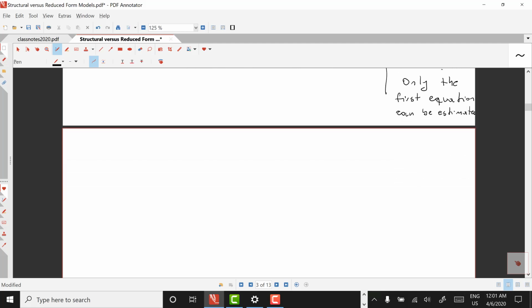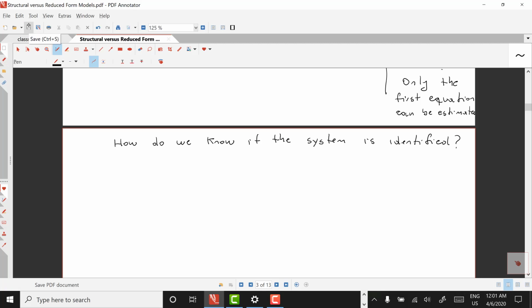So how do we know if the system is identified, or another way, if we can estimate all of the coefficients in that system?